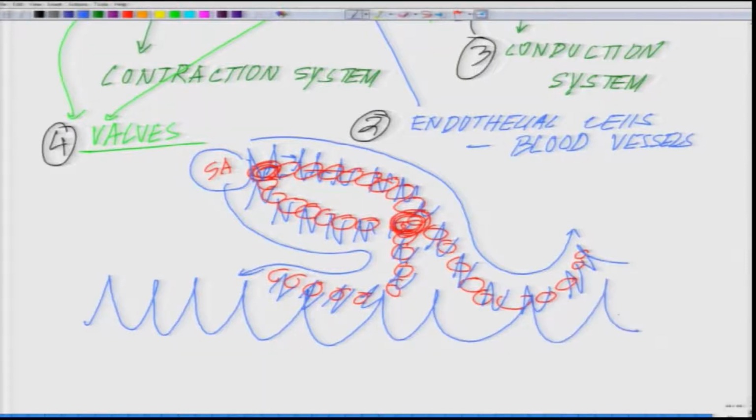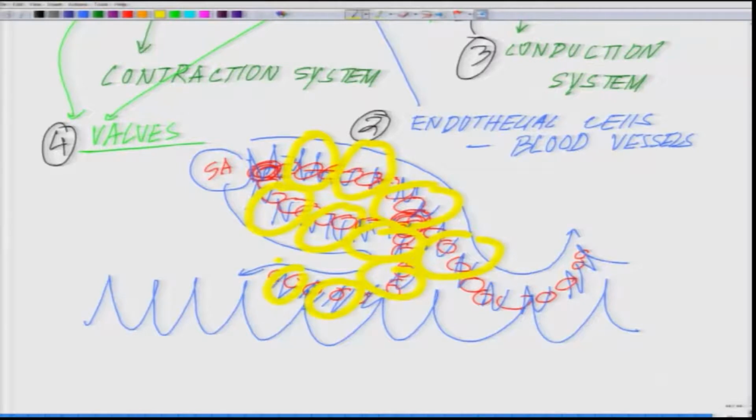While this is moving, as I was telling you, it is creating an induction effect in the surrounding, and this induction effect is transferred to the cardiac myocytes. So from the conduction system, it moves on to the contraction system.